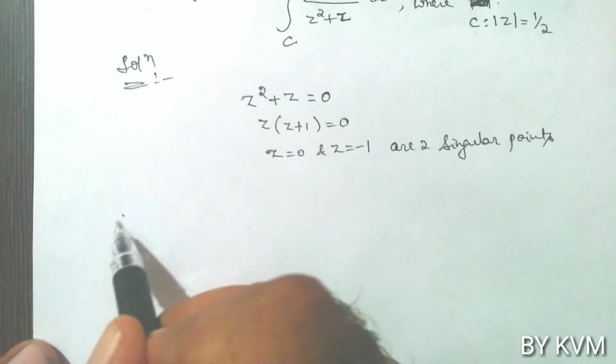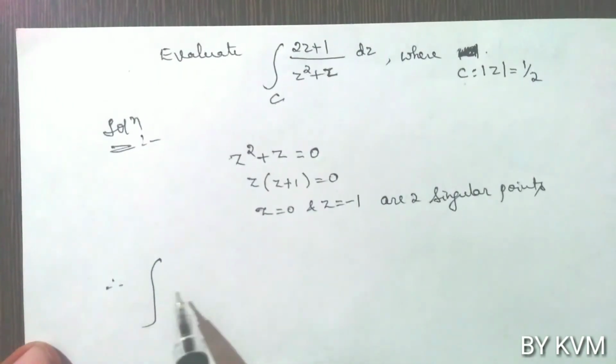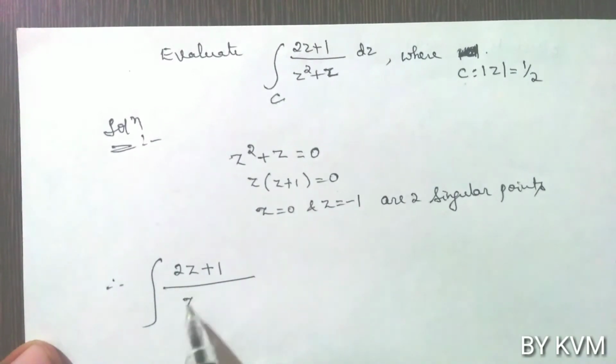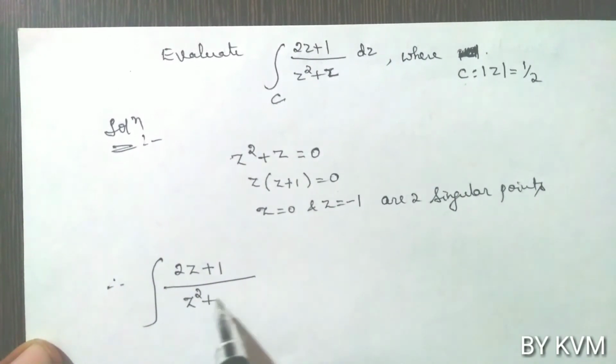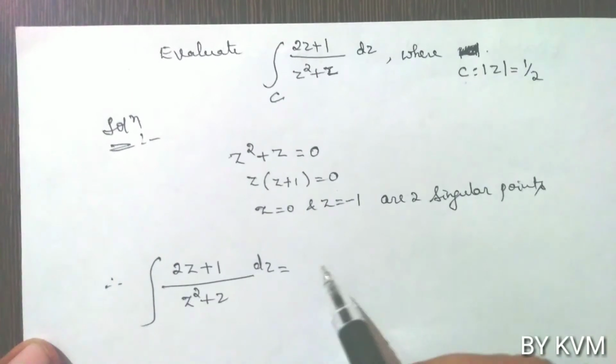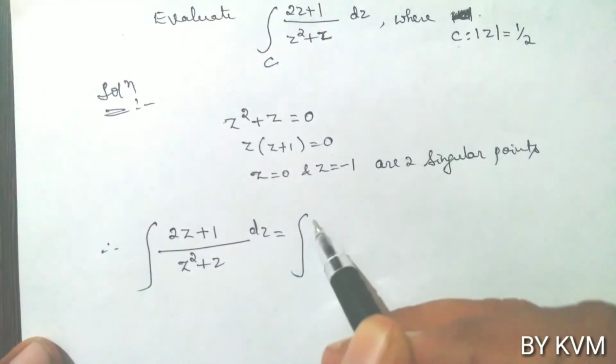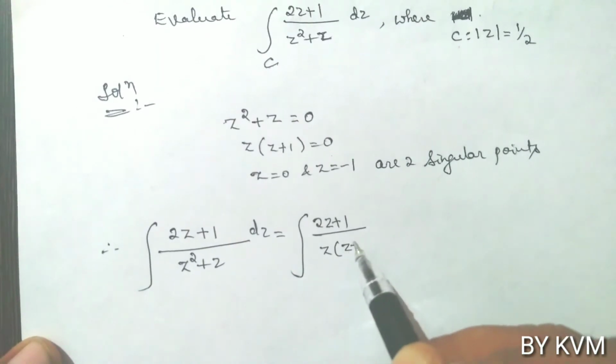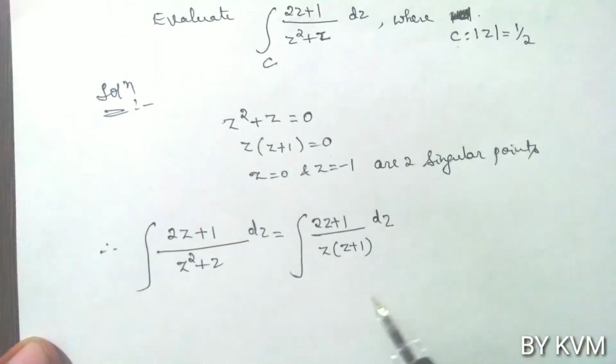Now we can split the denominator. 2z plus 1 by z square plus z dz. So we can write this fraction as the integral of 2z plus 1 by z of z plus 1 dz.